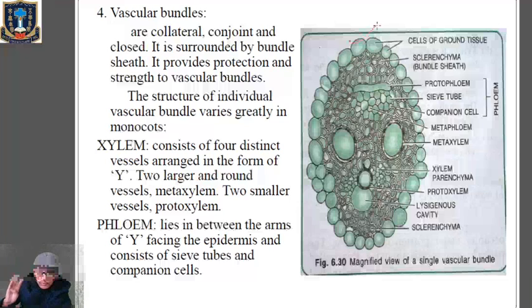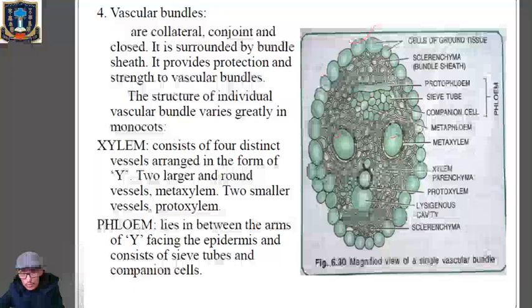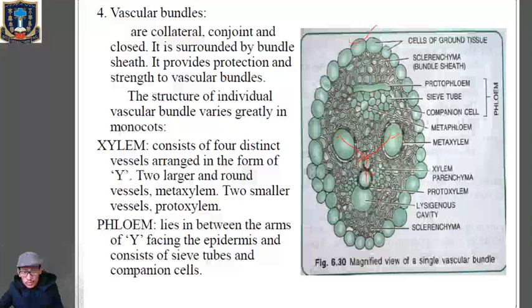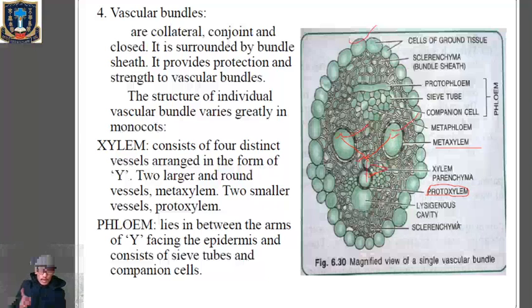Xylem consists of four distinct vessels arranged in the form of a Y. You can see the four distinct vessels, 1, 2, 3, and 4, so it looks like a Y. There are two larger vessels, this one and this one, which are called the metaxylem, and two smaller vessels, these two, which are called the protoxylem. So two larger vessels are called metaxylem and two small vessels are called protoxylem.